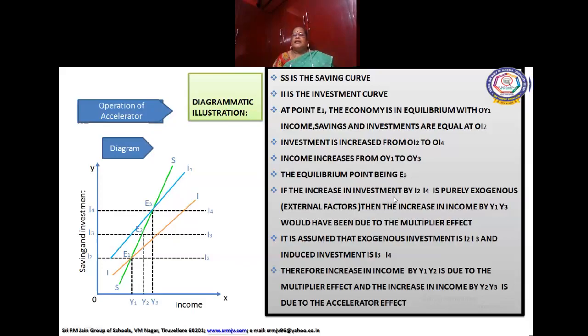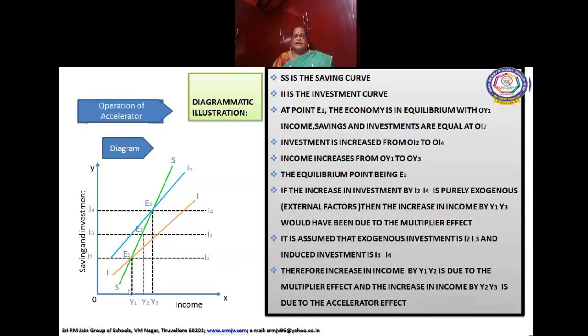If the increase in investment by I2 is purely exogenous, external factors, then the increase in income from Y1 to Y3 would have been due to the multiplier effect.